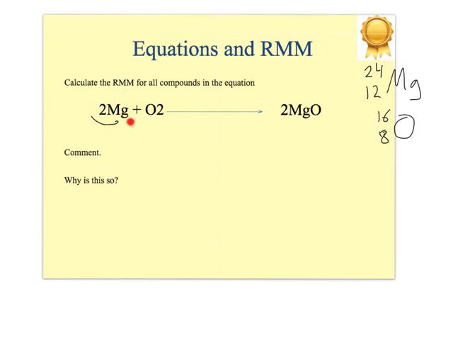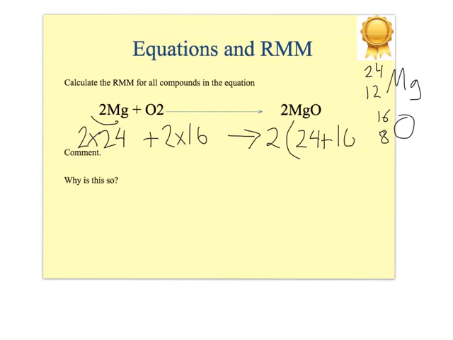That's 2 magnesiums, so 2 times 24. Now, what's the mass of the oxygen? Remember, we've got 2 oxygen atoms in here, so our mass of oxygen is going to be 2 times 16. And what we're going to make is 2 times 24 plus 16.